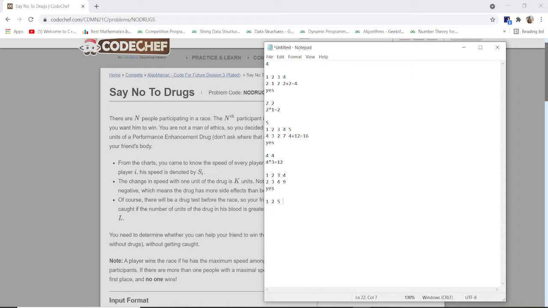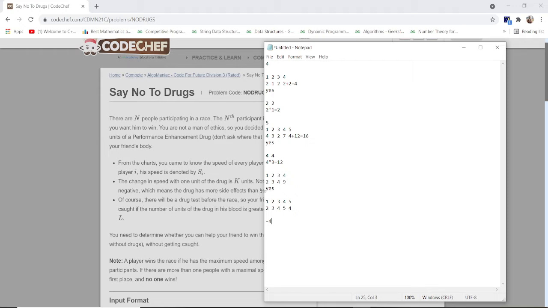Now take another example here. 1 2 3 4 5 players and their speeds are 2 3 4 4 9. Now here is the thing, the drug has a side effect also. That means the value of this unit can also be negative. Suppose it is -4. That means if I push 1 unit of the drug, speed will decrease by 4. That is the side effect of the drug.